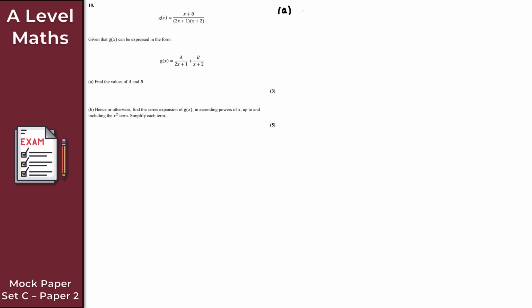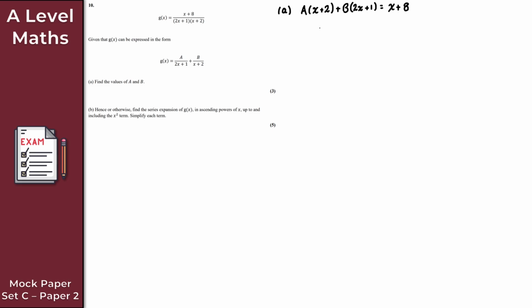In that case, what I get is a times x plus 2, and then b times 2x plus 1, and this will be equal to x plus 8. Now at this point, what we want to do is eliminate both a and b. Obviously, we'll do that separately. So if we eliminate a, for example, we can then go on to solve for b and vice versa.